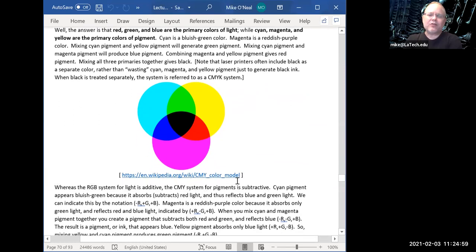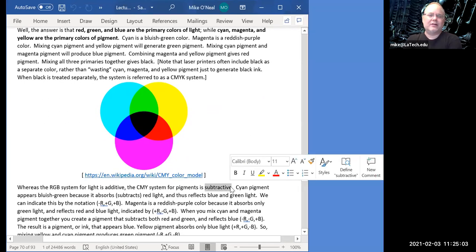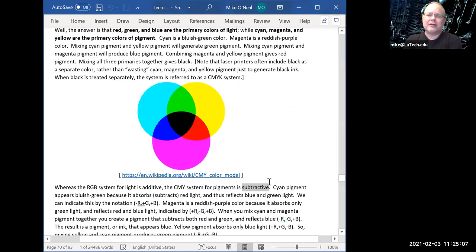Well, the system for pigments is subtractive. Okay, so this color cyan here, cyan pigment appears to be a bluish green. And it appears to be bluish green because it absorbs, it subtracts red, and thus it reflects blue and green.